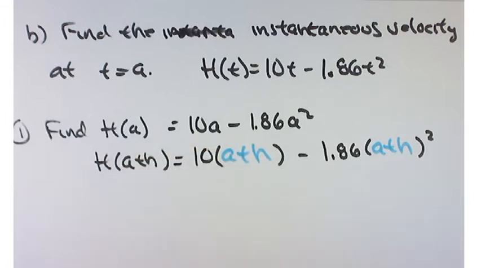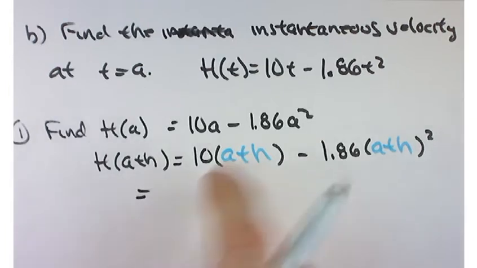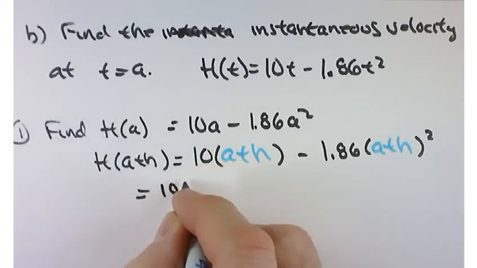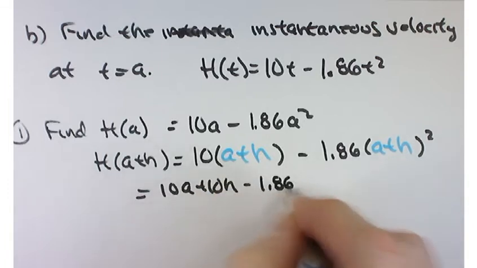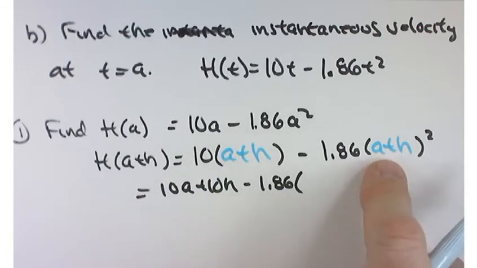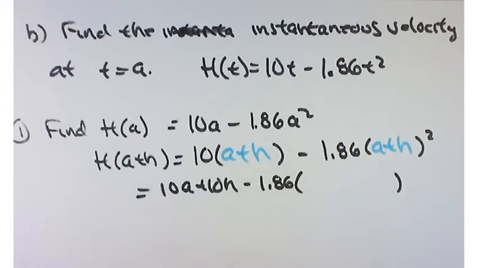Not bad, but you're going to have to clean this up. We're going to have to simplify this and expand it. So here, I'll distribute the 10a plus 10h minus 1.86. And hopefully when you square this, you don't get a squared plus h squared. What's the real thing here?